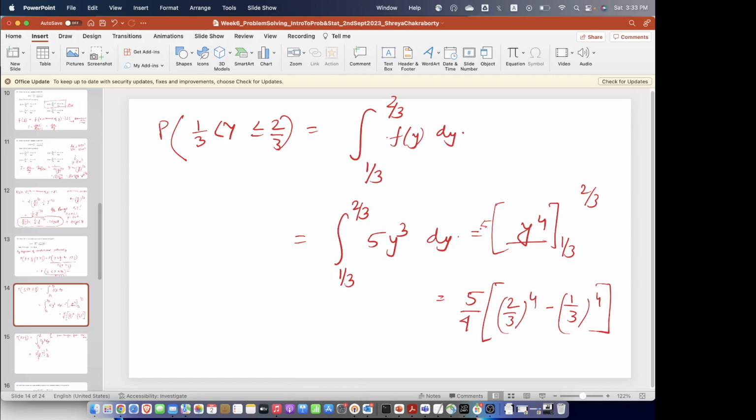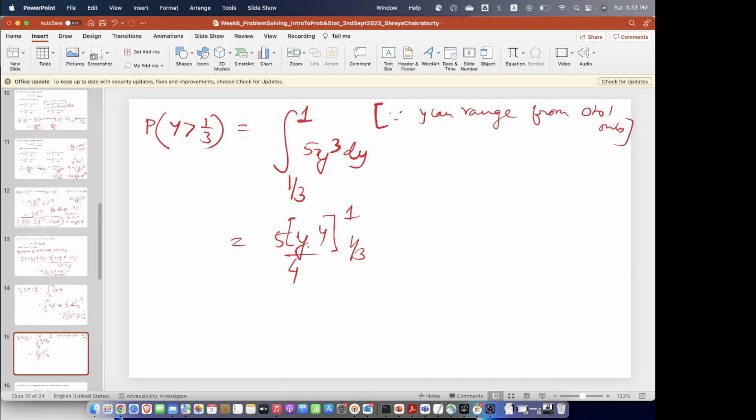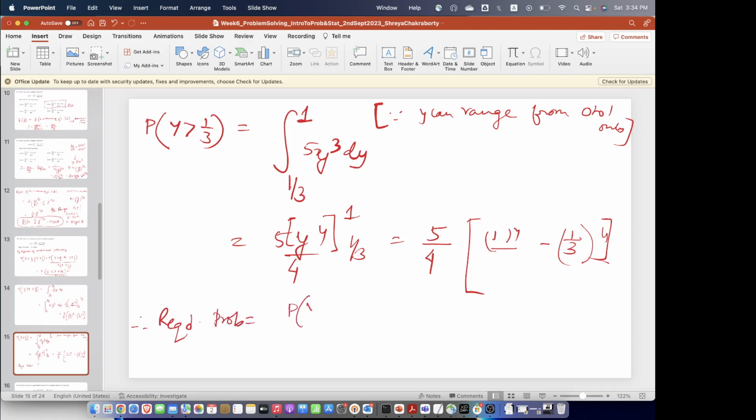So here also we have 5y to the power 4 by 4, from 1/3 to 1. So this will be written as 5 by 4 times 1 to the power 4 minus 1 by 3 to the power 4. Therefore the required probability will be probability 1/3 less than y less than or equal to 2/3, divided by probability y greater than 1/3.